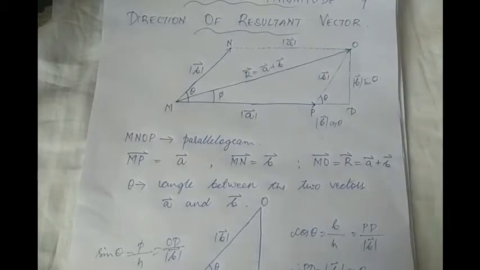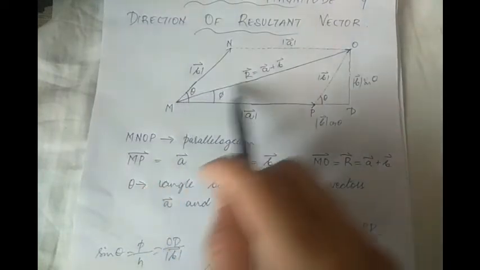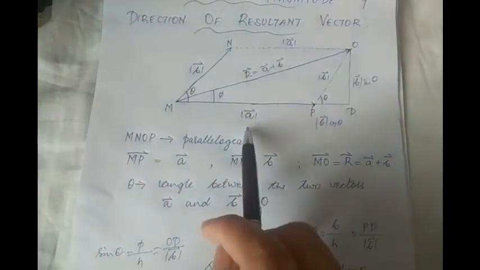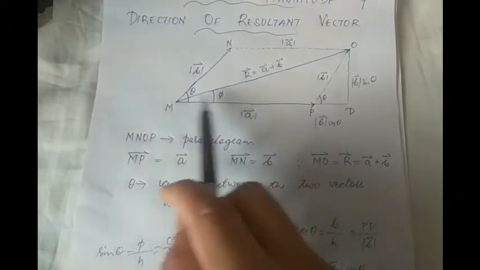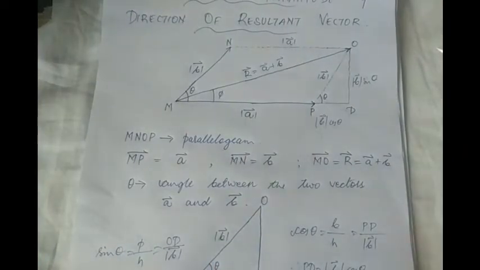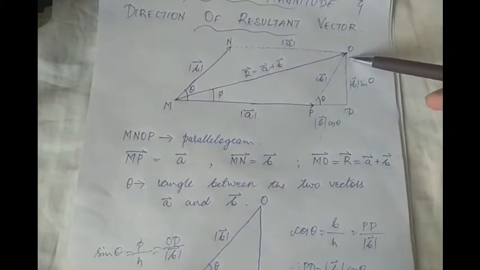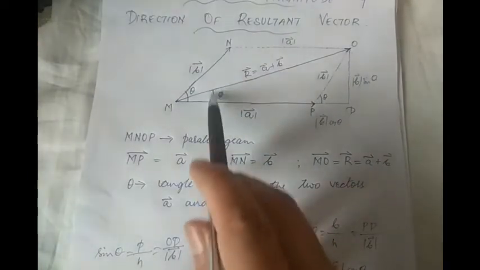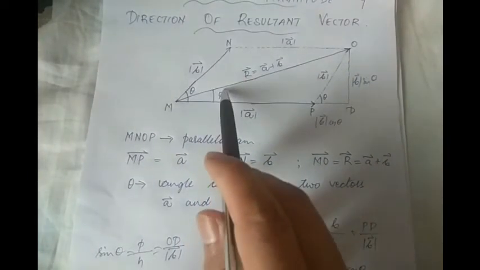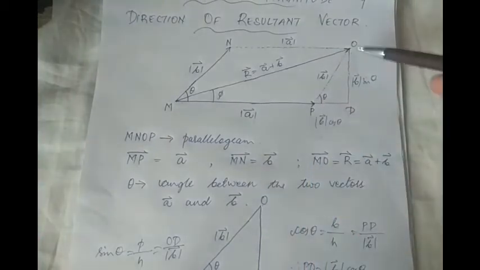We'll talk about that later on, but for now let me tell you, phi is the angle, as you can see from the picture, that the resultant vector makes with our vector A. Since eventually we also want to calculate the direction of the resultant vector, if we can find this angle phi at which the resultant vector is inclined with respect to vector A, then we know the direction of our resultant vector also.